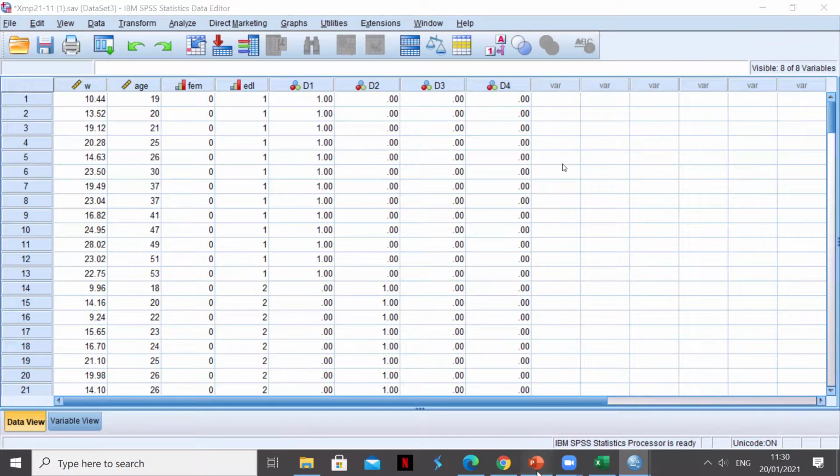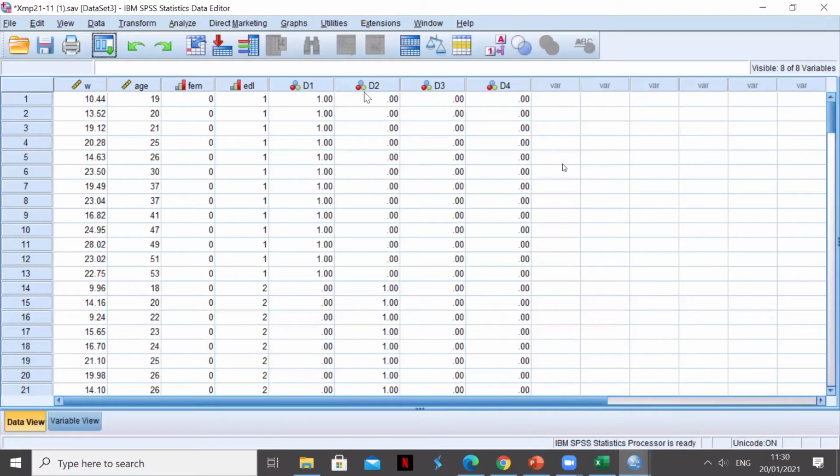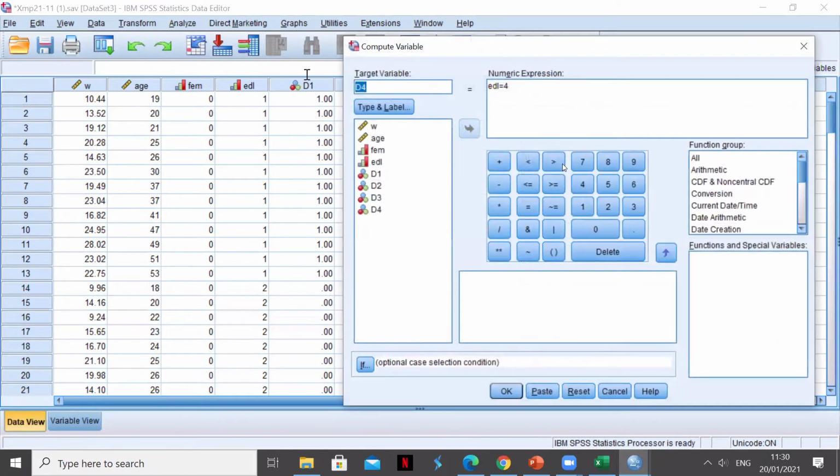But we had to make a few other terms as well, because we have to interact the fem with D1, the fem with D2, fem with D3, and fem with D4. How are we going to do that? We don't have them yet, as you can see. So we have to make them again. You go to Compute Variable again. You say femD1. You're going to interact your fem with your D1.